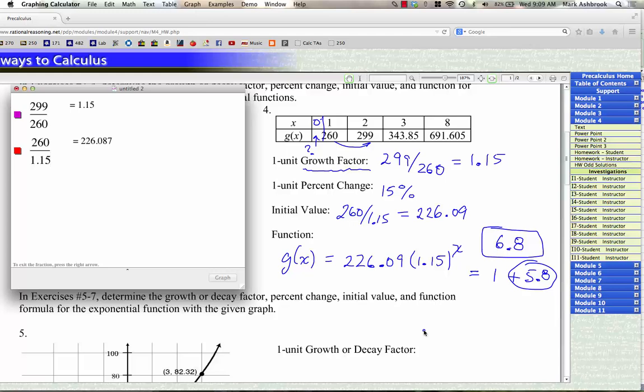X of them. So if we're talking about x equals 10, then we have the initial value, and then to get to the 10th unit, we would multiply by 1.15 10 times, right? That's why we do it to the 10. That advances us forward 10 units. So keep thinking about the meaning when you look at the function.